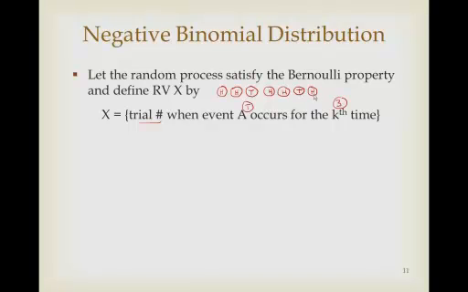Heads, tails. What's the probability that it's going to take me 1, 2, 3, 4, 5, 6, 7, 8 times to get my 3rd tail? That's what the negative binomial distribution is all about. And so we can write that as the probability of X is equal to the binomial coefficient, (x minus 1) factorial.